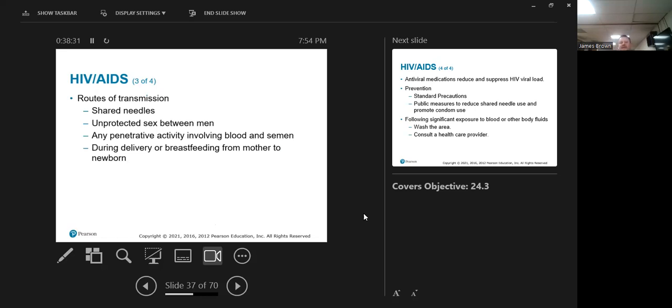HIV and AIDS routes of transmission: shared needles, unprotected sex between men, any penetrative activity involving blood or semen, and during delivery or breastfeeding from mother to newborn.